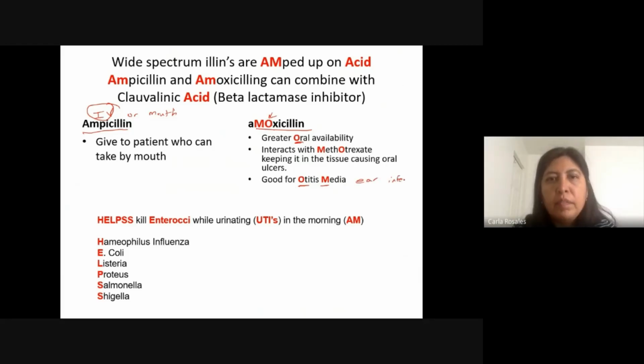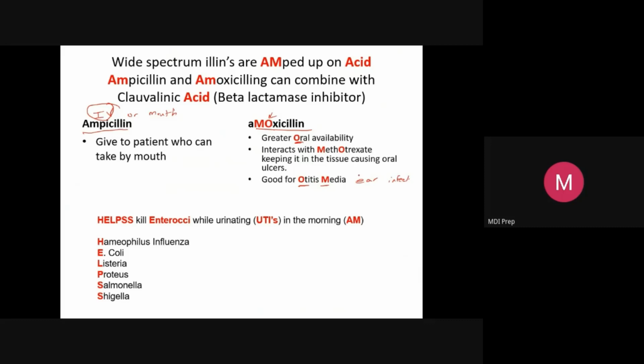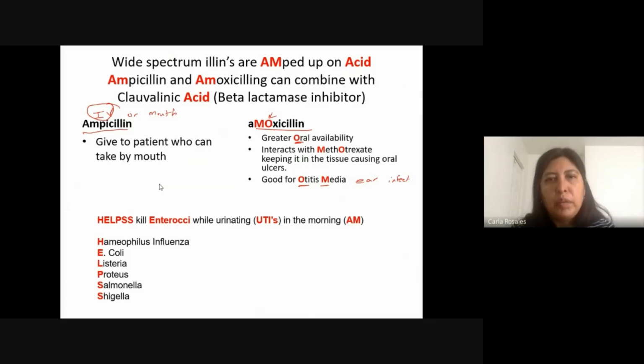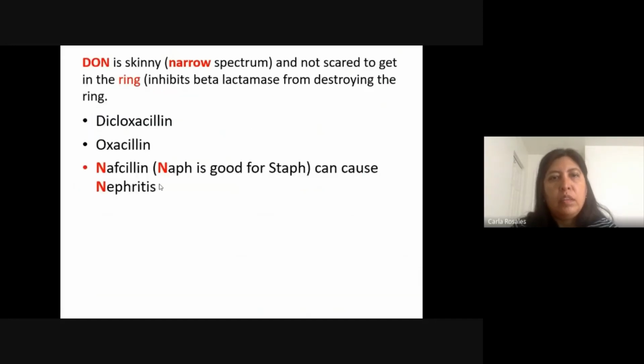So amoxicillin is good for abscesses, inner ear infections, things like that. The key thing to remember is that ampicillin is typically given IV. You could give it by mouth, but amoxicillin is more by mouth.